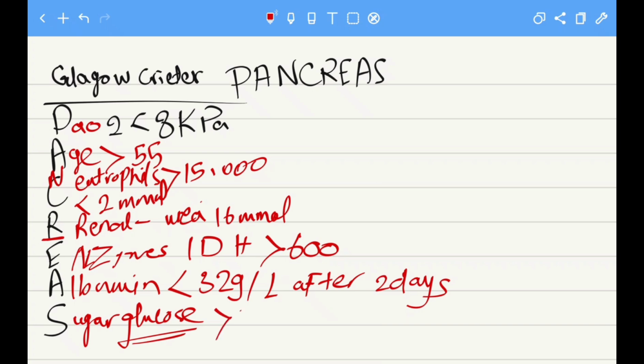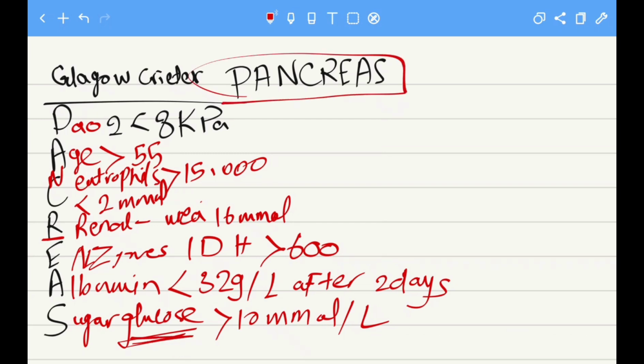It will be more than 10 millimole per liter. Okay, why is there an increase in sugar? If the pancreas is inflamed, it can't secrete insulin efficiently, so there will be an increase in blood sugar.